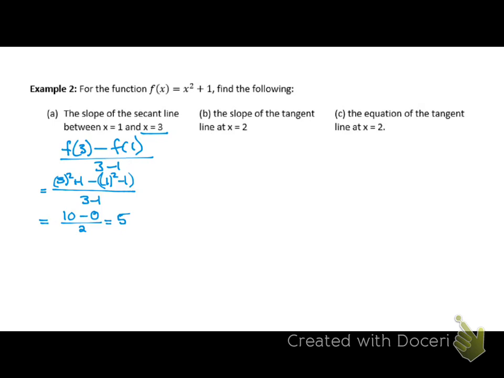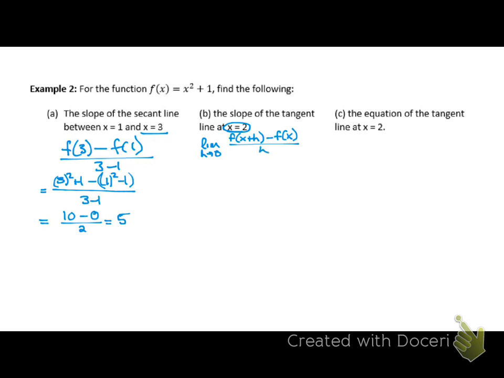To find the slope of the tangent line. Now, when you find the slope of the tangent line, or the slope of the secant line, right, I use the formula, so I'm writing down the formula. So we're going to have x equal 2. Now, because this is the first time you've really seen this, I'm going to write down the general formula first, and then plug in 2. So the general formula is the limit as h approaches 0, and yes, that's an h, of f of x plus h minus f of x all over h.